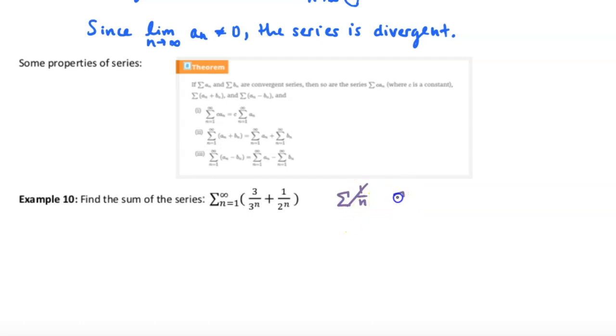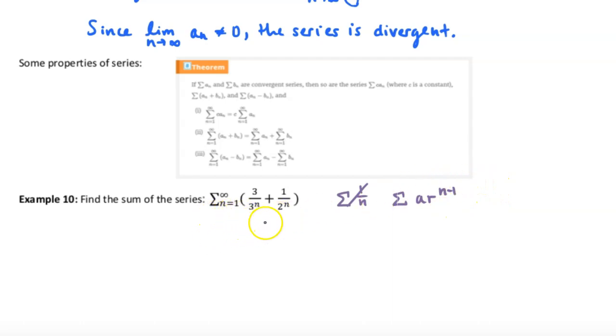And so I want this to be in the form of a geometric series. I know this isn't a harmonic series because I can't get this 3 to the power of n or this 2 to the power of n to be just an n. And so this must be a geometric series, which I want in the form of sum a times r to the power of n minus 1. So this is my goal.